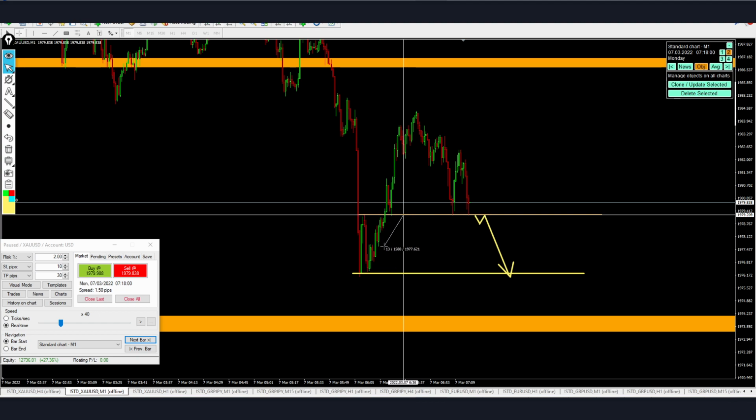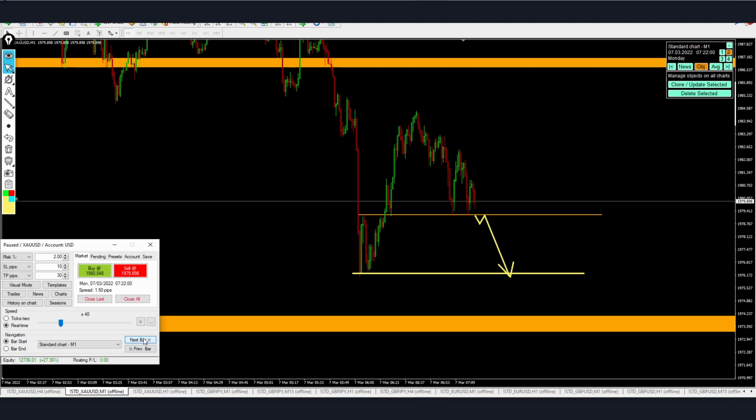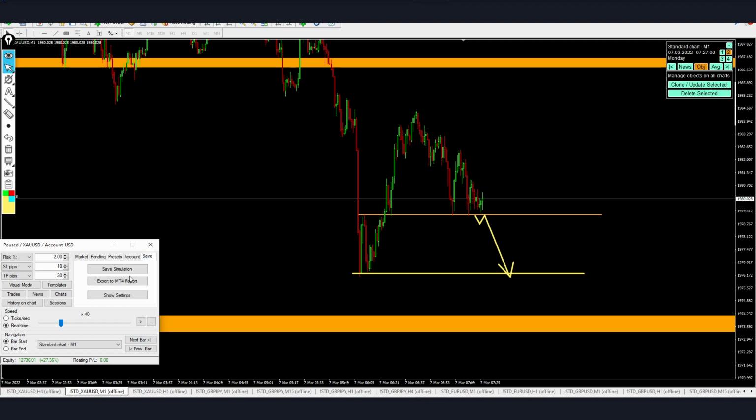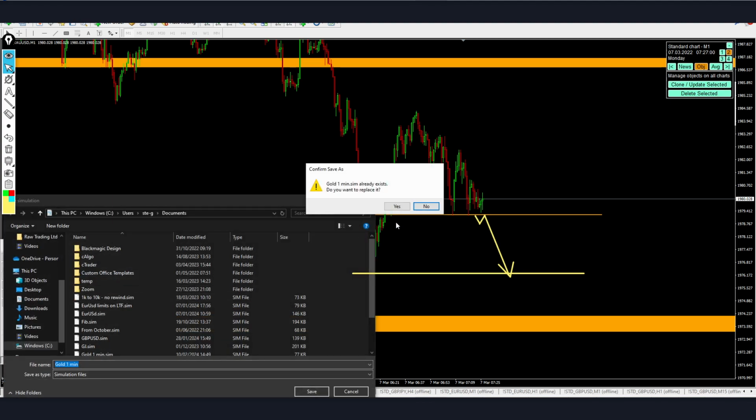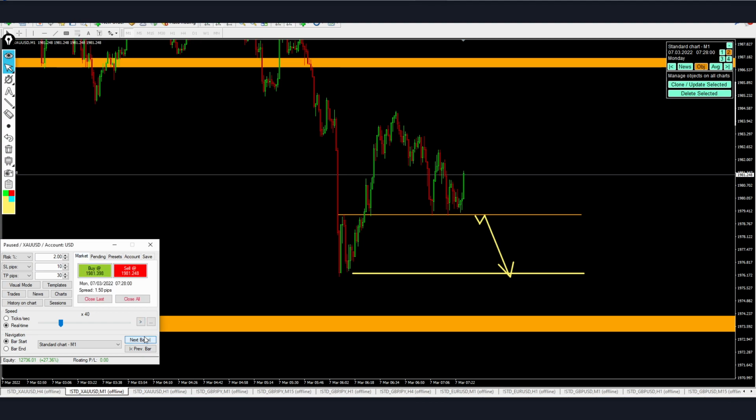Even if the price does not reach all the way down, just reaches the middle, I have my stop loss going to break even, so it can be less risky. But of course, I want the price to break below to have some further possible continuation down. Let me just save because I've already updated quite a few things, and let's see how the price action is going to move.